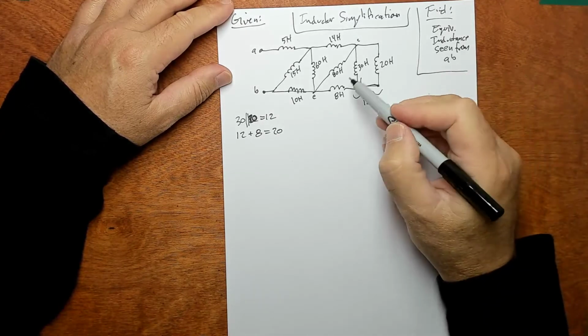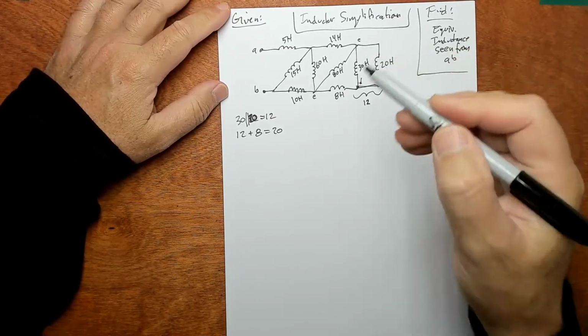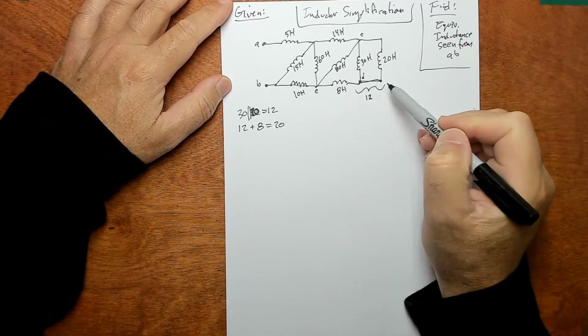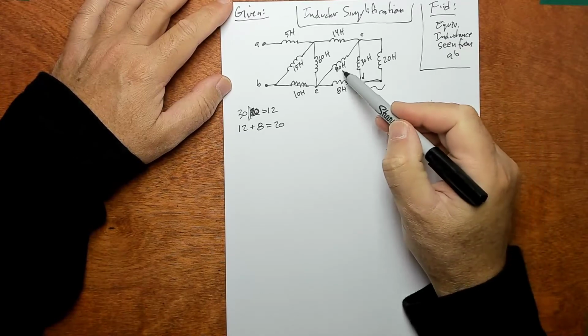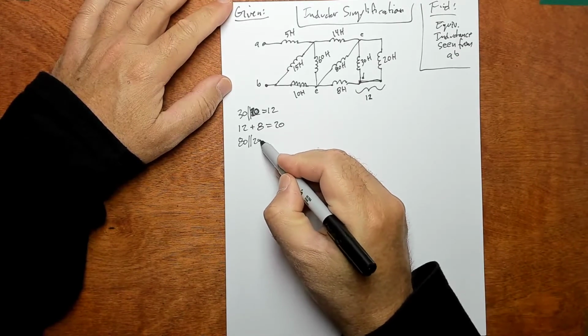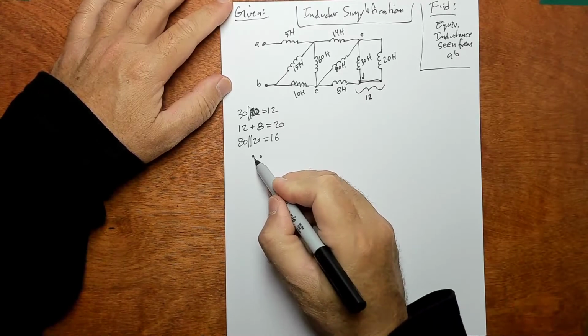And if you want to go one more step before you redraw it, which is starting to get a little dangerous, but we can do that. This 8 and 12 are in parallel with the 80, so you could write 80 in parallel with 20, and you end up with 16. And then you should for sure redraw at this point.